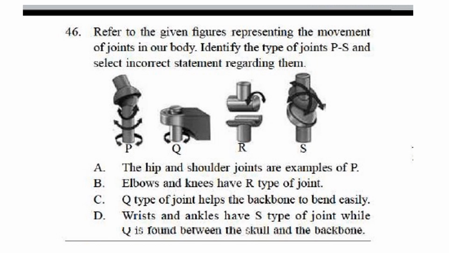Option C. Q types of joints help the backbone to bend easily. Option D. Wrists and ankles have S type of joints while Q is found between the skull and the backbone. And the right answer is option C. This statement is incorrect.